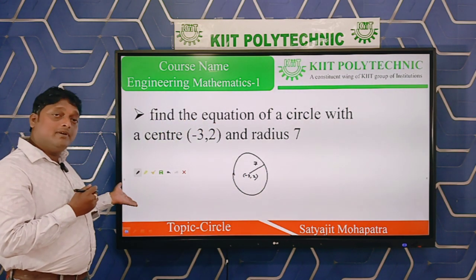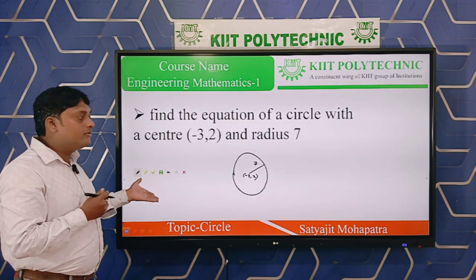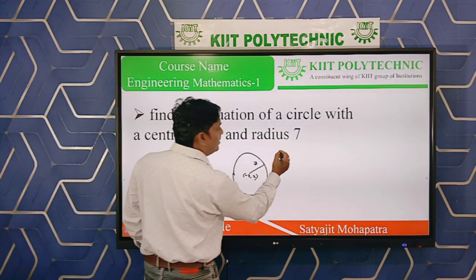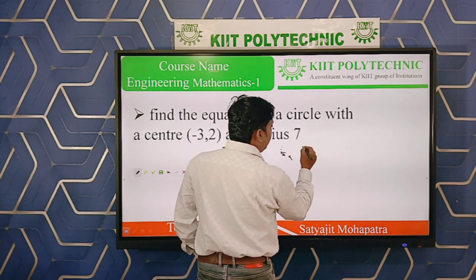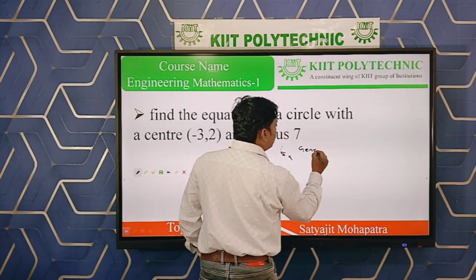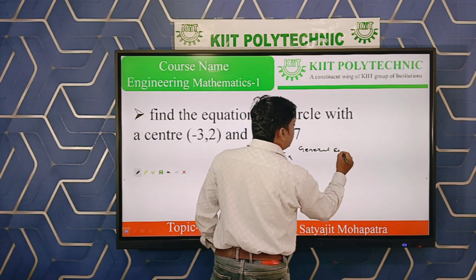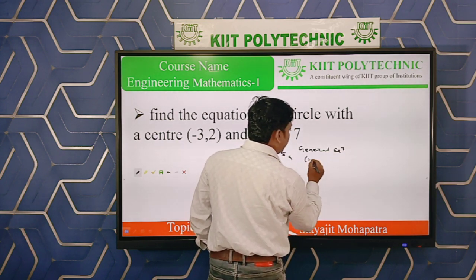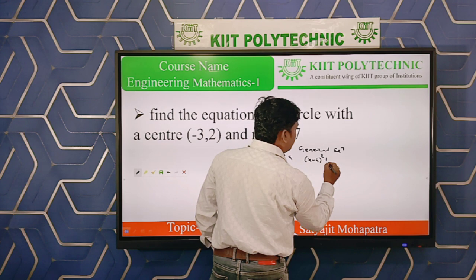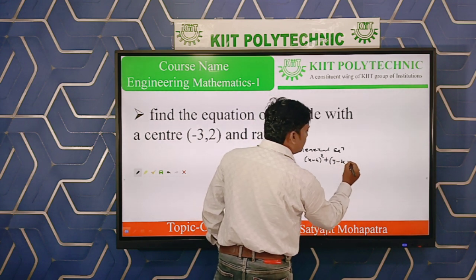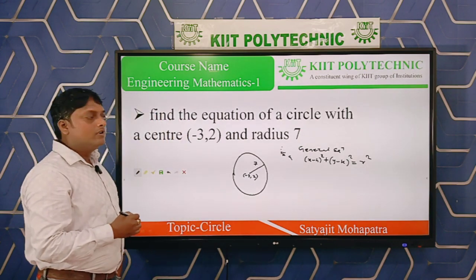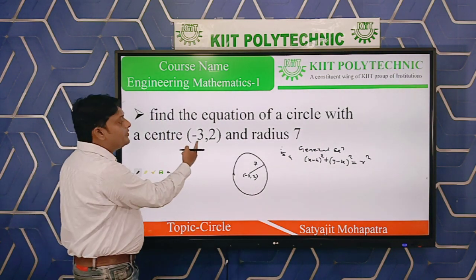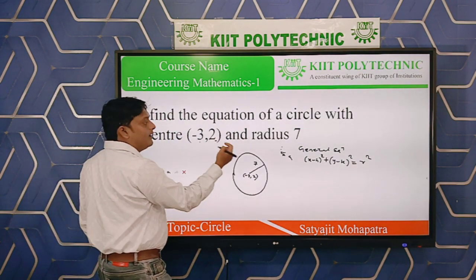In the previous slide it was shown what the general equation of the circle is: (x minus h) whole square plus (y minus k) whole square equals r square. No difficulties here because everything is given, the center and the radius.